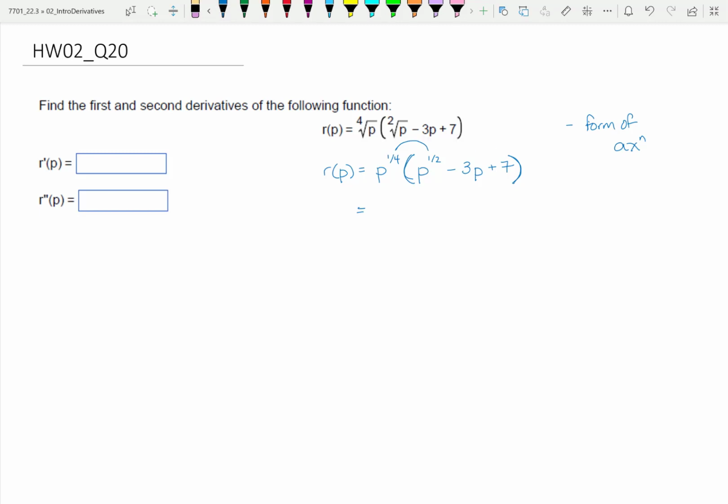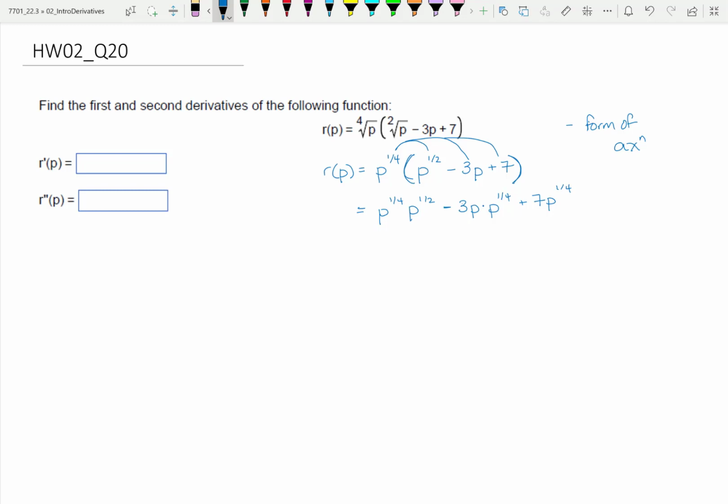So first, p to the power of 1/4 times p to the power of half, minus, now I'm going to multiply p to the power of 1/4 times negative 3p, and then times 7, plus 7p to the power of 1/4.